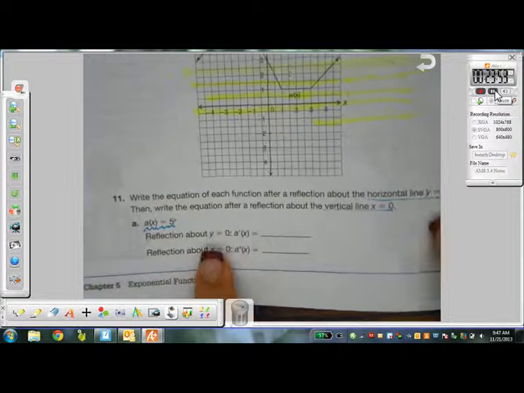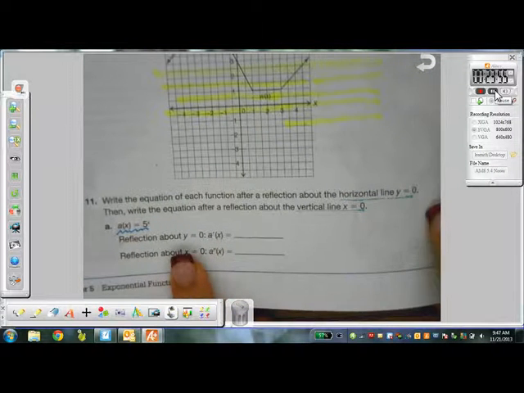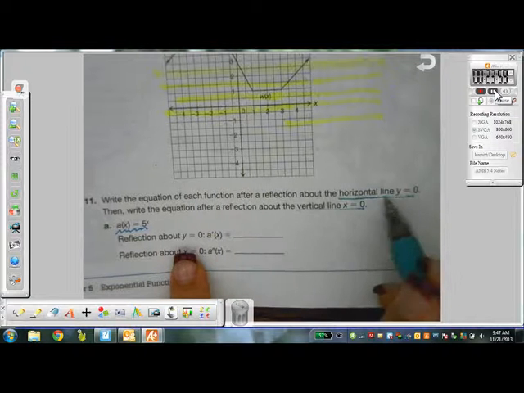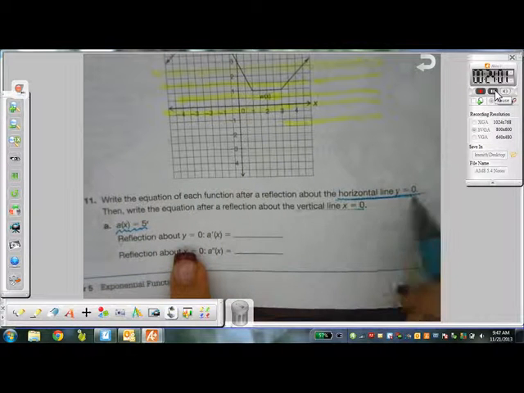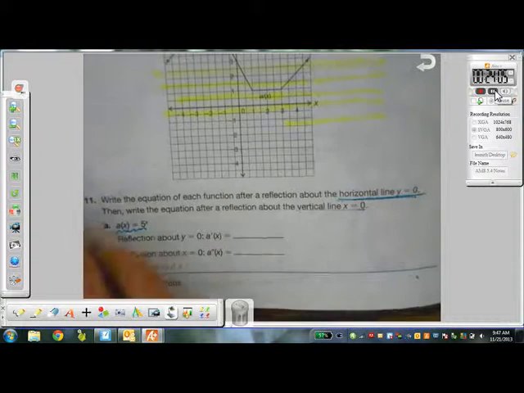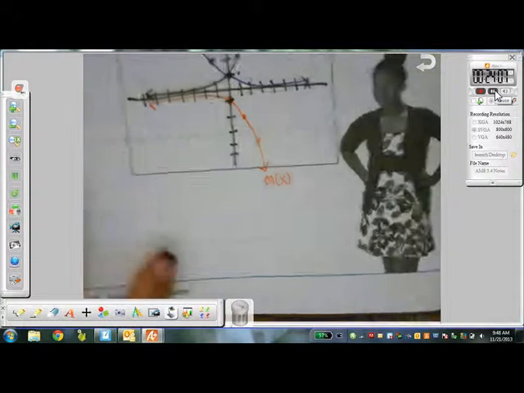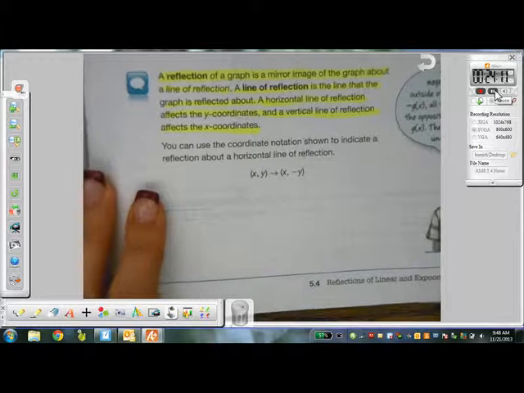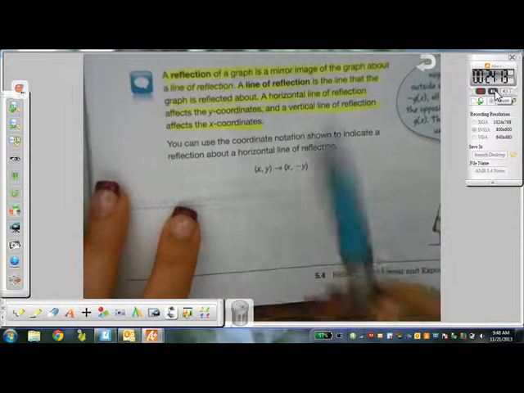Which axis is that? That's the x-axis. So we're doing a horizontal reflection. Does a horizontal reflection, and you can go back to the highlighted part, affect the y's or the x's? What did it say in your highlighted part? The y. It affects the y-coordinates, which is the result, right?